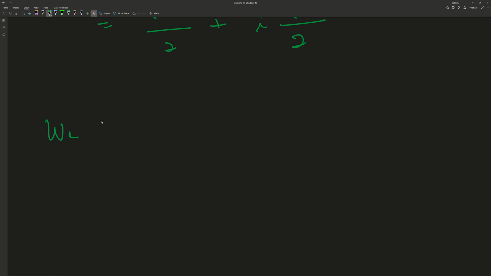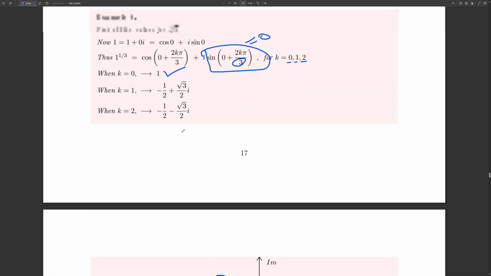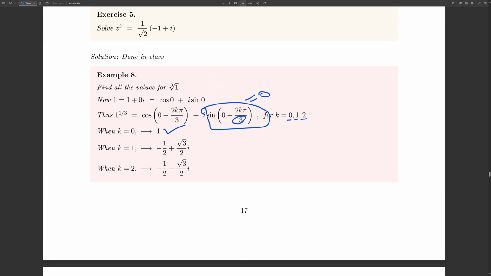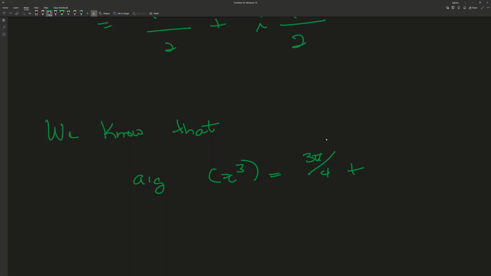The argument of z cubed is equal to pi upon 4 plus, just like before, 2k pi. That is standard.